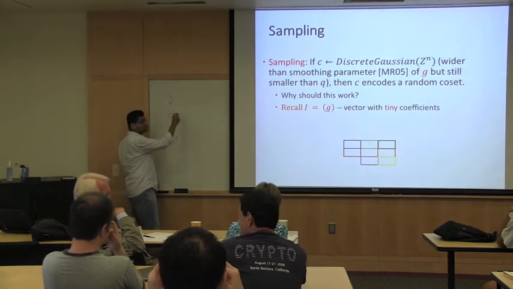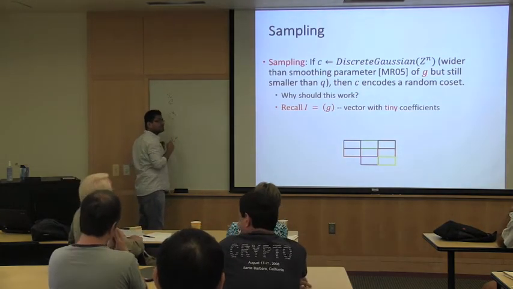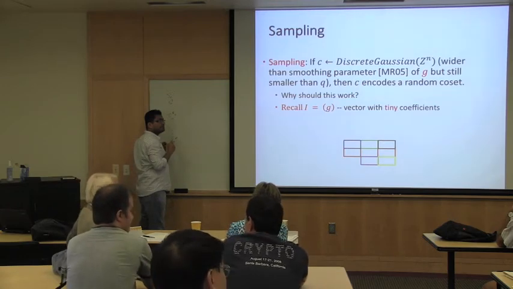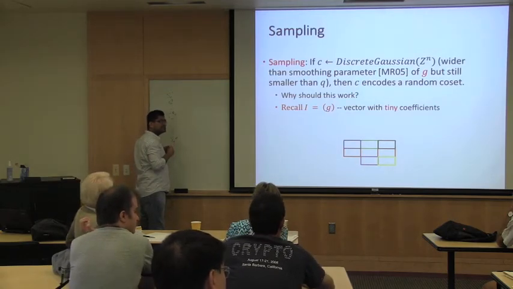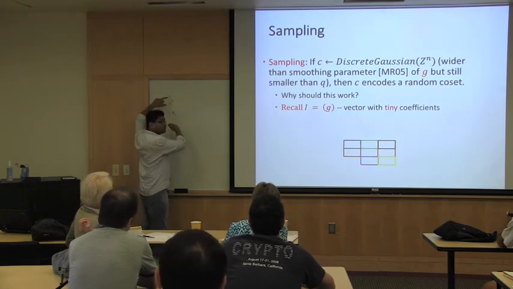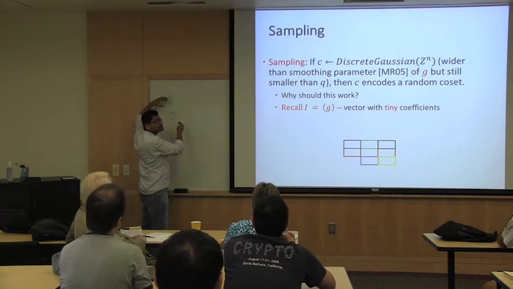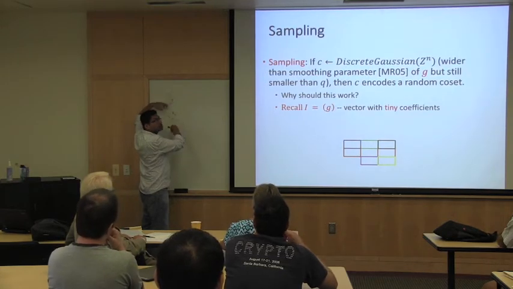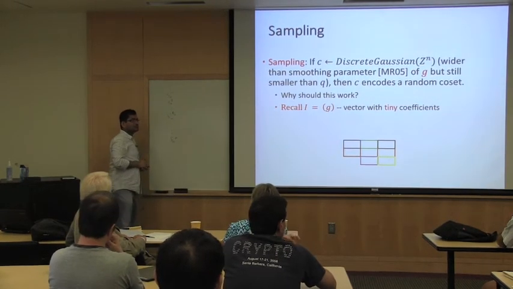So you get something which is random in one of them. Randomly from one of them, you get something small which is in one of them, of course, and which one it is from is random.